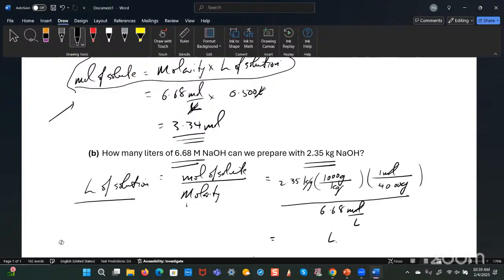So all we have to do now is the numbers. 2.35 times 1,000 divided by 40, divided by 6.68. And according to my calculations, when rounded off to three sig figs, I got 8.79 liters. So that's how that is done.